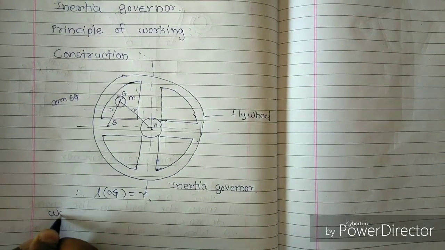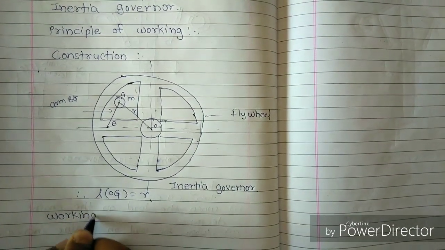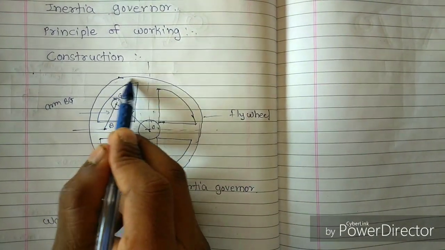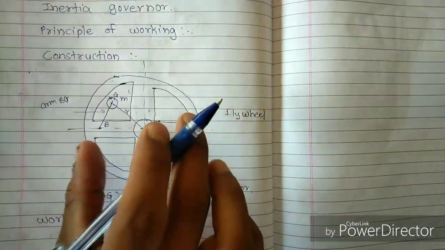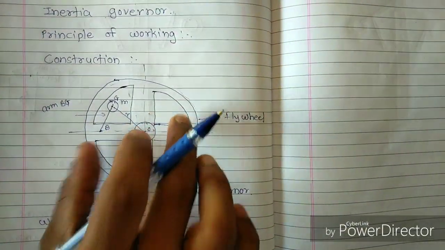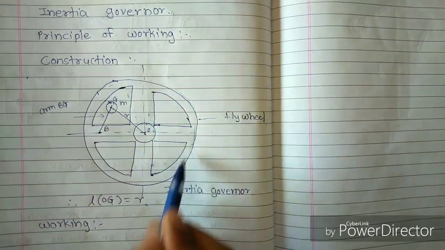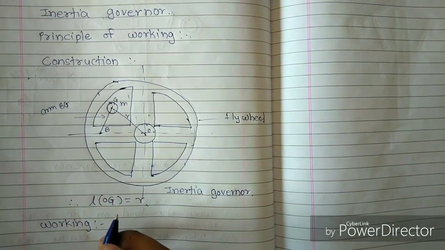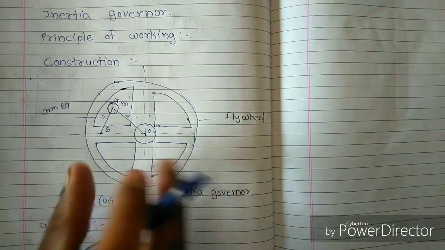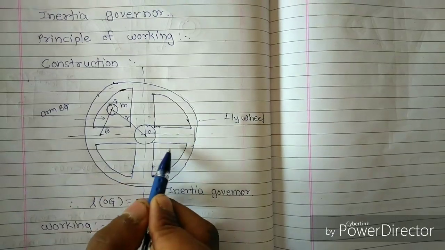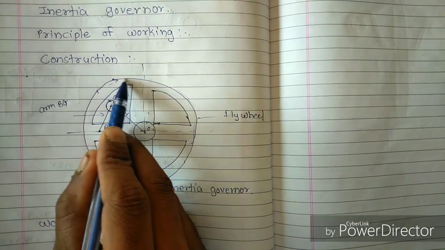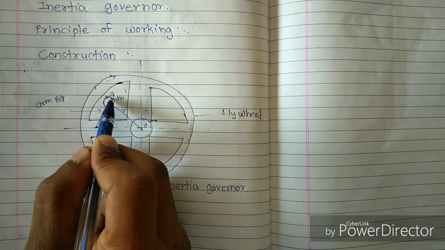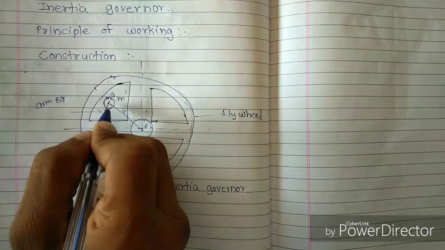Now we see the working of this inertia governor. In the working of inertia governor, when the flywheel rotates with constant speed, then there is no relative motion between this flywheel and this body. But when the speed of this flywheel changes according to the load on the engine, that is when the speed of flywheel increases or decreases, then there is a relative motion between this flywheel and this body.